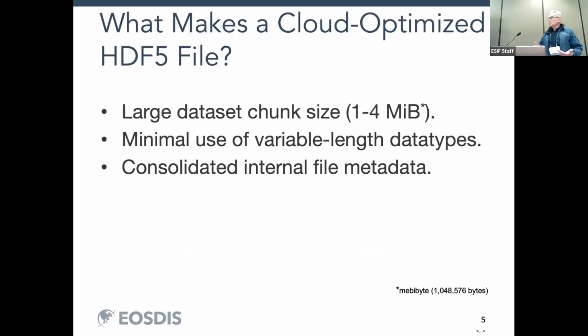So what makes cloud optimized HDF5 files? These 3 things. First of all, and by far the most important one, is large dataset chunks. I cannot stress this enough, because typically what happens with people who convert netcdf4 or HDF5 files into ZAR, they do generate bigger chunks.